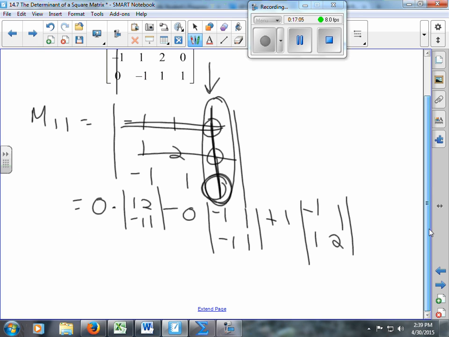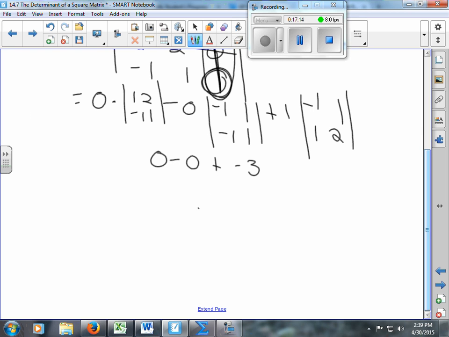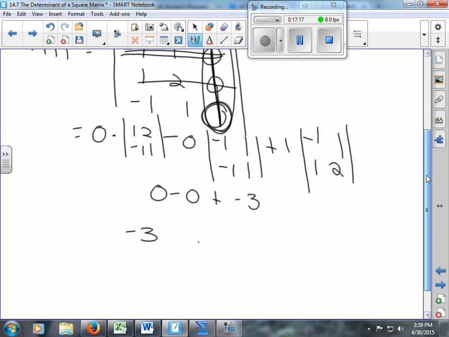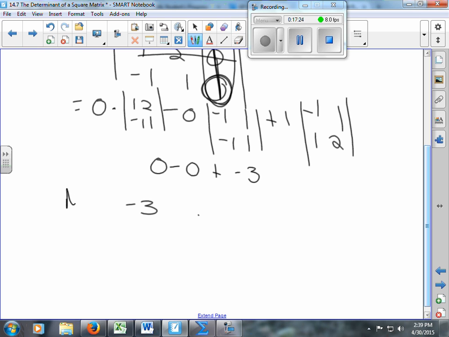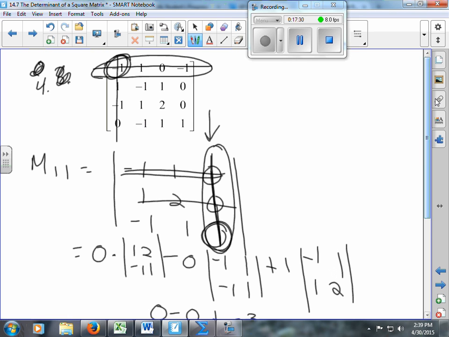Okay, and so that is going to be 0 minus 0 plus -2 minus 1 is -3. And so this has a determinant of -3. And so minor 1 1 is the determinant of this 3 by 3 matrix, and so it's -3. All of that to do the minor of one entry in a 4 by 4 matrix. And a 4 by 4 matrix has 16 entries. This is why we're not doing all 16.